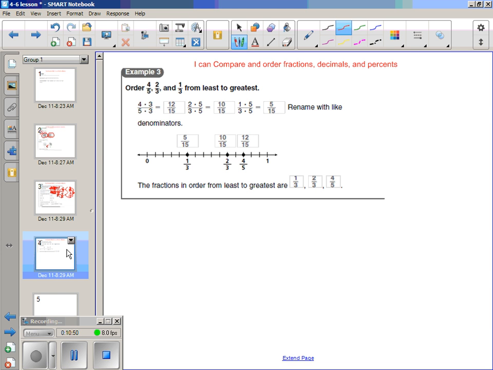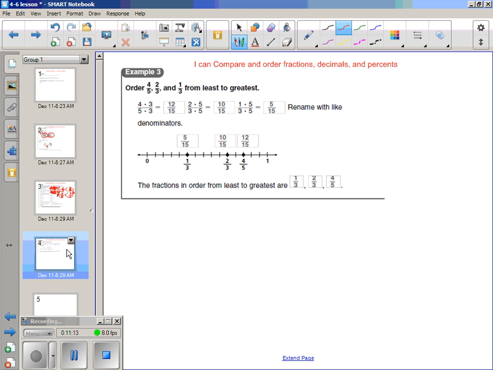Is 4/5 greater than 1/2? How do you know if 4/5 is greater than 1/2? Yeah. Because half of 5 is 2 and a half, and 4 is past that.